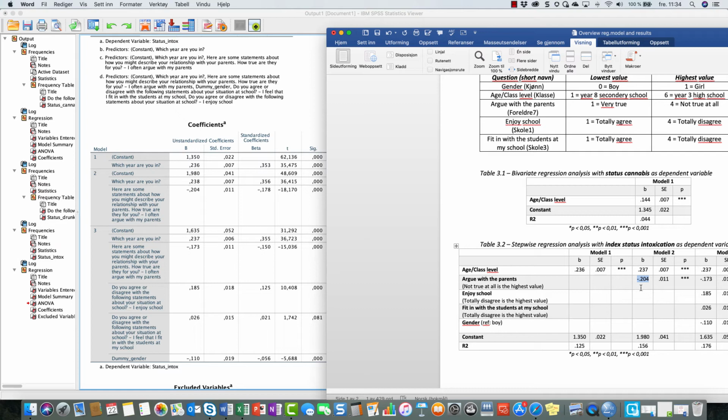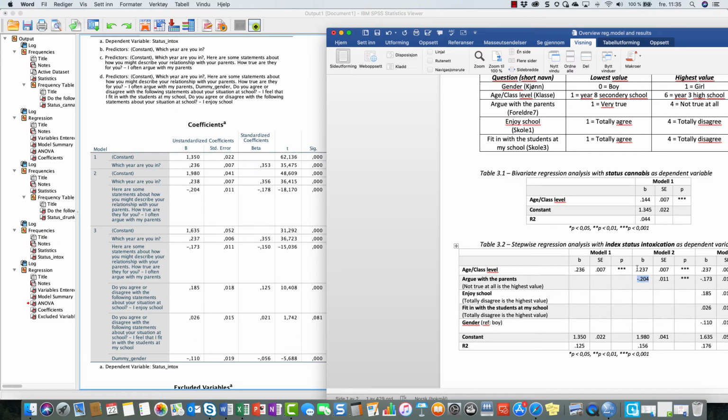So I will interpret that as something like those who have good relations with their parents. They don't argue with their parents that much. They think it gives you less social status or a lower social status to get intoxicated. Whereas those who argue a lot with their parents, they think it actually increases your social status to get intoxicated.